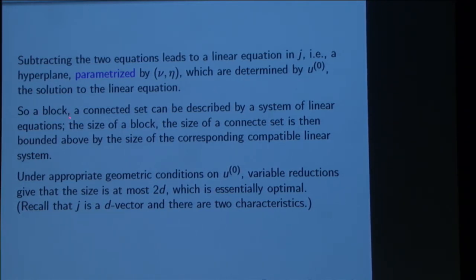So a block, a connected set, can be described by a system of linear equations. You keep on writing 1, 2, 3, you keep on throwing in equations. The size of a block, the size of a connected set, is then bounded above by the size of the corresponding compatible linear systems. You keep on throwing in equations until it no longer has a solution.